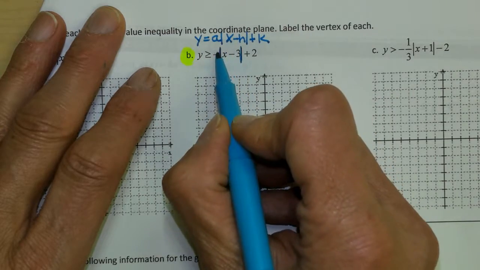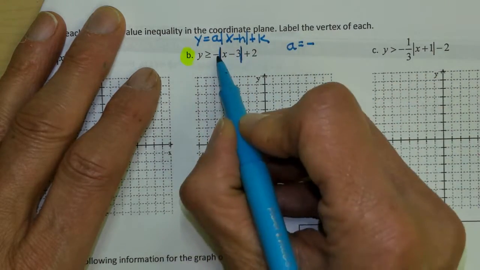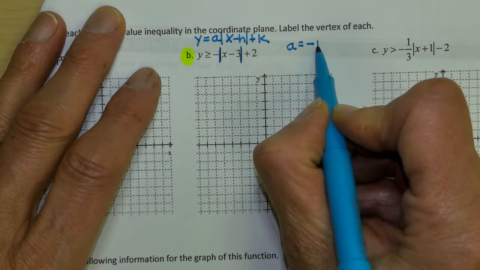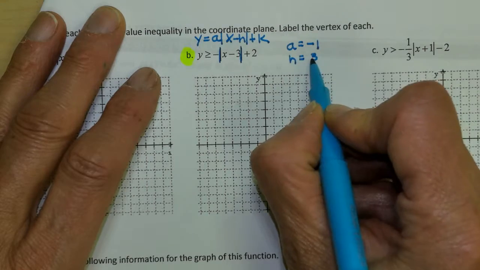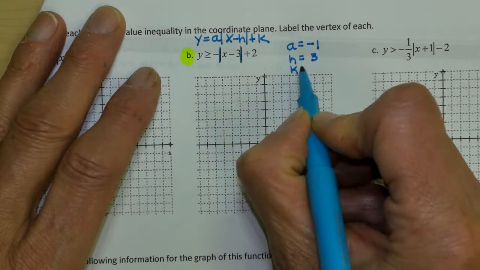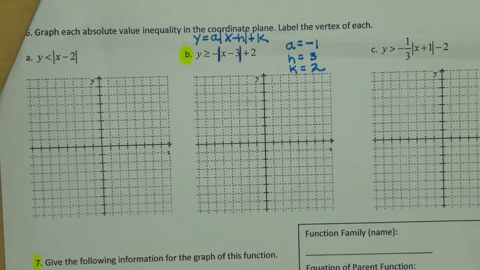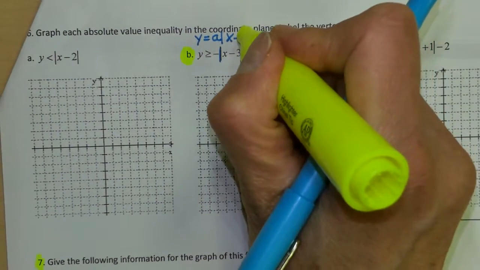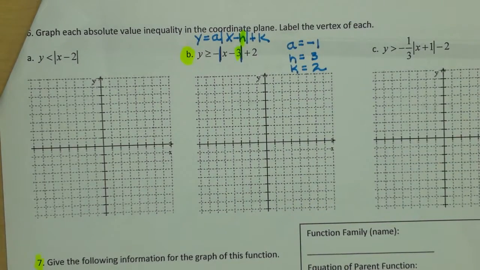So I know my a is negative, if there's no number there, it's -1. I know my h is 3, and I know my k is 2. So just notice h follows that minus, the 3 follows the minus, so I know that they're exactly that.